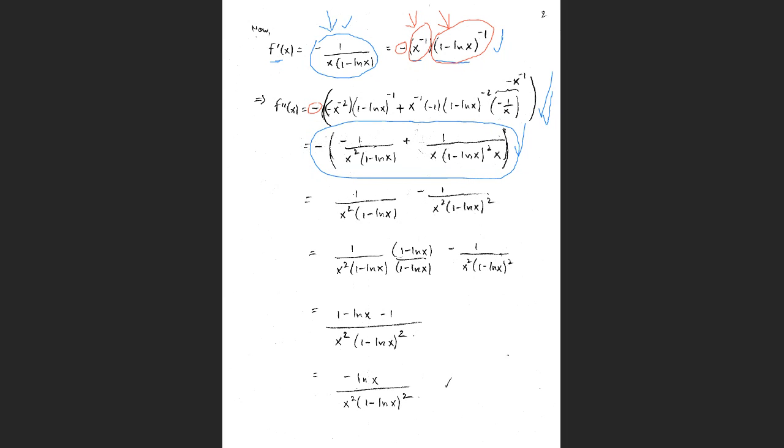So what I'm going to do is distribute the minus through, if that's all right. I have an x and an x, that's x squared.